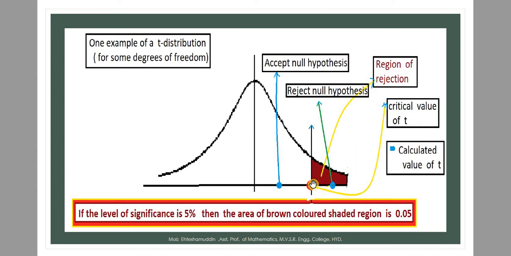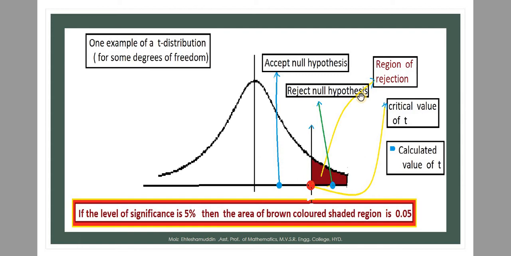This particular point I am mentioning here as the critical value, and this shaded region after this critical point is the region of rejection. Once the t value falls in this region, we will reject the null hypothesis. If we reject the null hypothesis, we accept the alternative hypothesis.